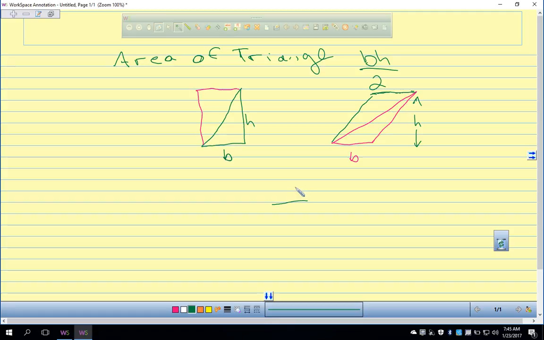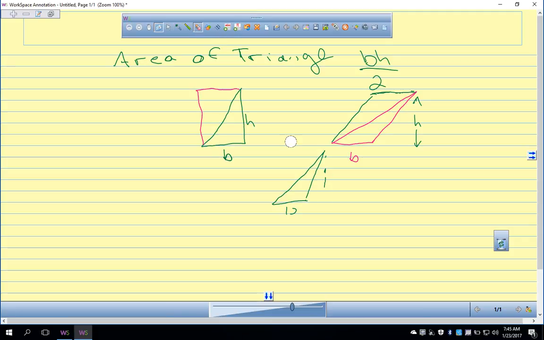Like give you something that looks like this, and so let's say that this is 10, and this, even though it doesn't look like it, is, and that this is 6 from here to here. Okay, and that's perpendicular to the ground.